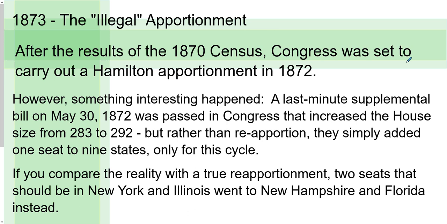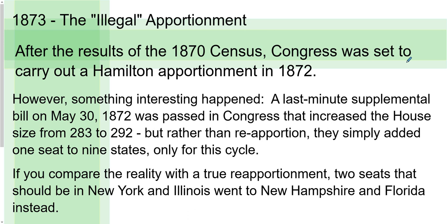But then, just out of nowhere, on May 30th, 1872, they passed a supplemental bill, and you can actually read this in the Statutes at Large, which is kind of interesting to see.